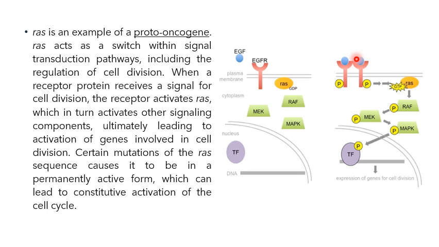Here is an example of some of the proto-oncogenes. Normally, the RAS pathway is in the inactive form.